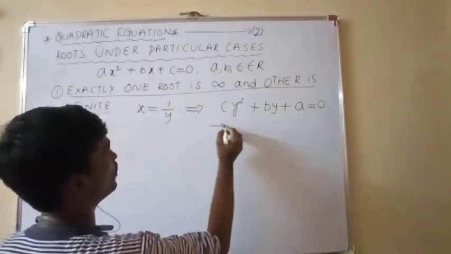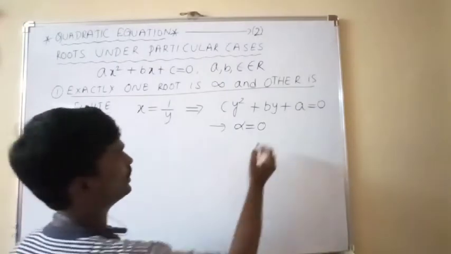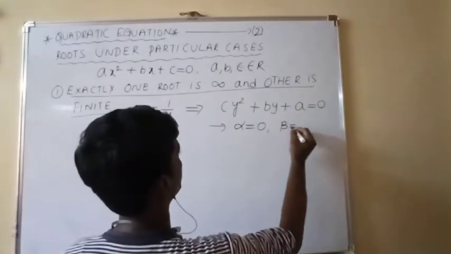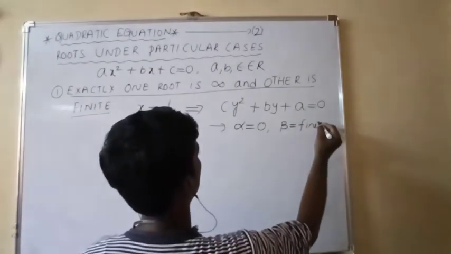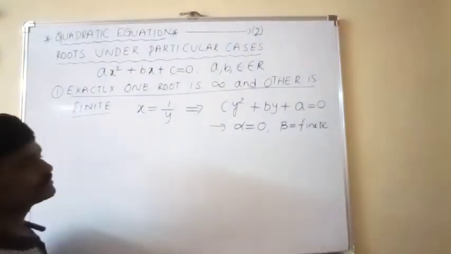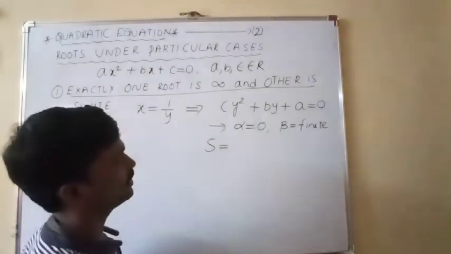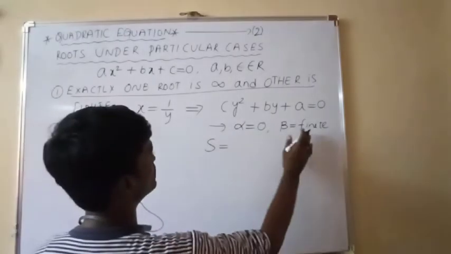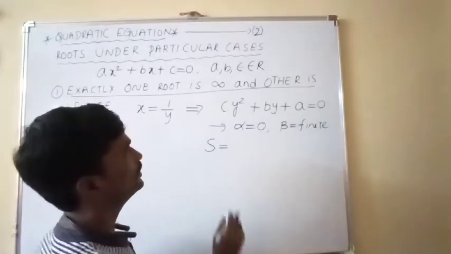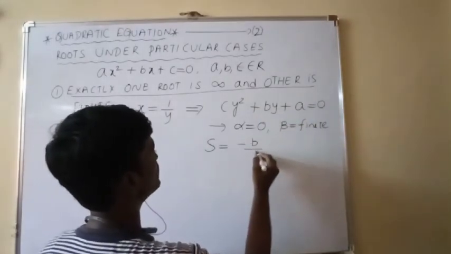So one root must be equal to 0, and the other root is some finite number. If you find the sum of the roots, 0 plus finite is a finite value. Sum of the roots is minus b by c.